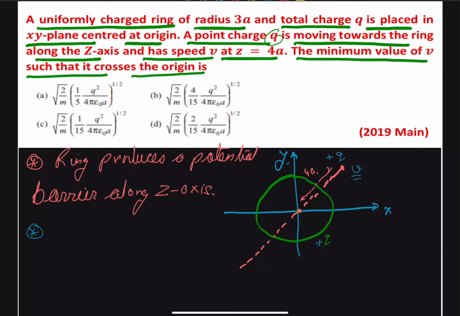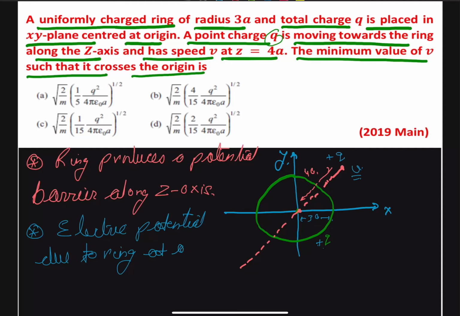So the electric potential due to the ring at any point on the z-axis, and its radius is given as 3a.